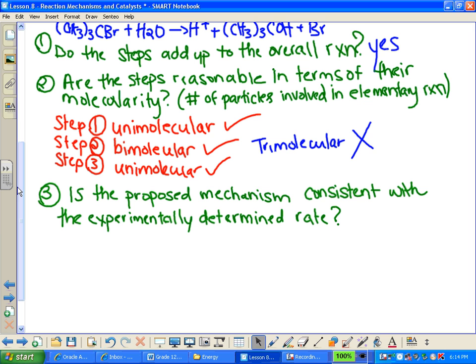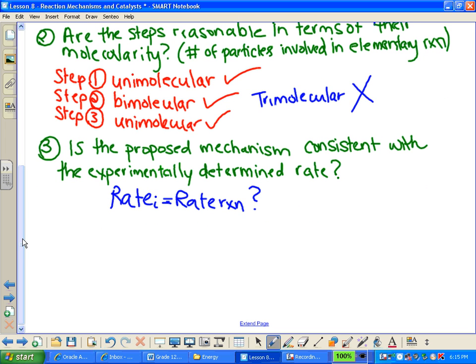Okay, so we're going to set it up like this. You call it rate I, the rate of our initial or experimental work that we did from before, equal to the rate of the reaction. That's basically what we're asking. So let's fill in our rate from above.